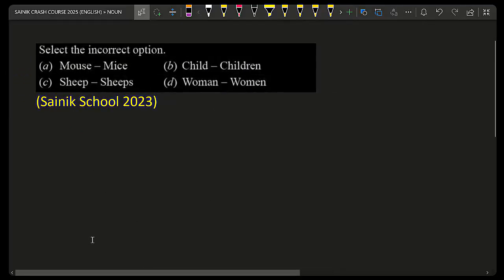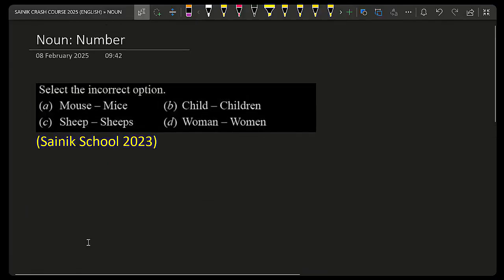This is the question you got in the Sainik School exam 2023 based on noun number. All of you try to answer the incorrect option. So participate in the poll.